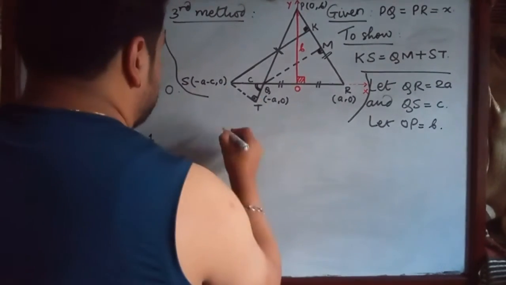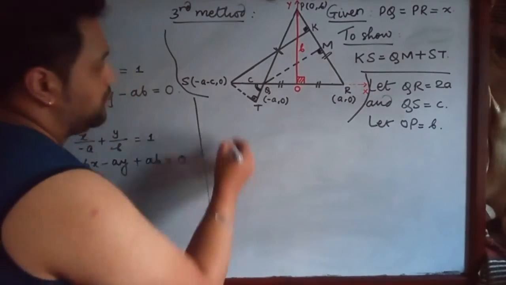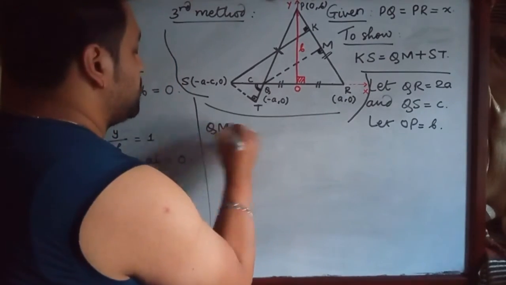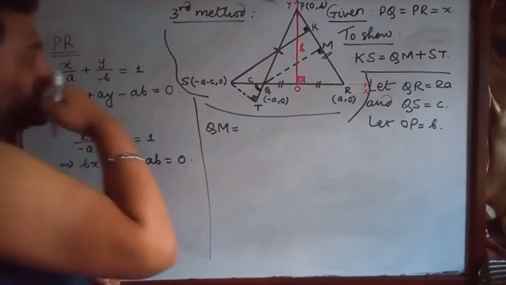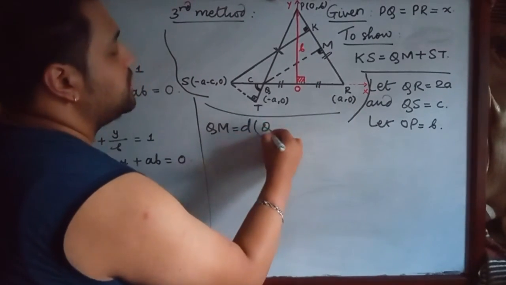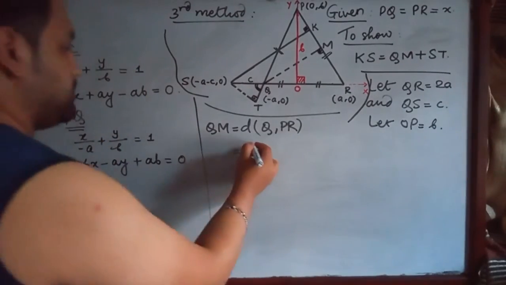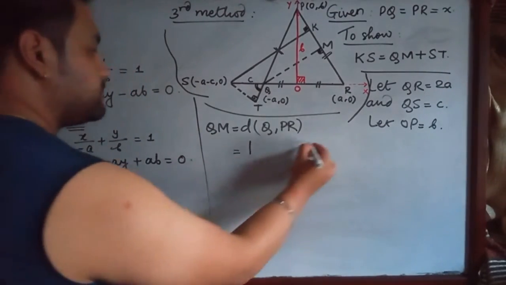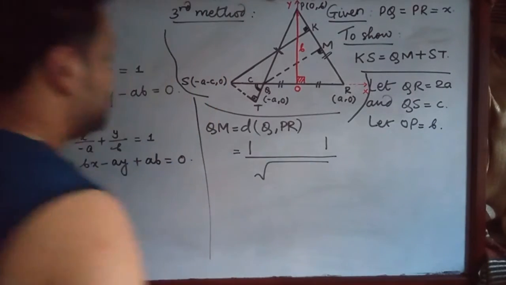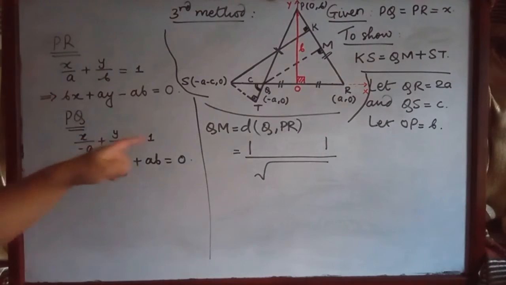The length of QM is the distance between Q and PR, which will be given by, we need PR.